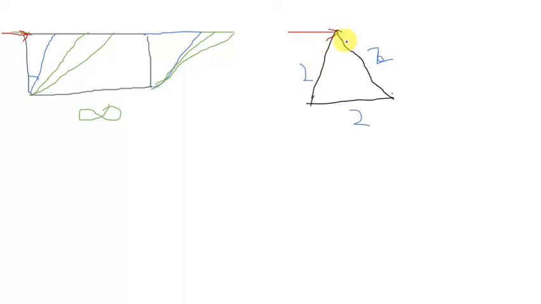And you apply a load here, what will happen? The shape will not change. Notice that the angles here are the same, right? The angles here are the same. So what will happen is that this member will be under tension, and this member here will be under compression, right? If you apply this load.